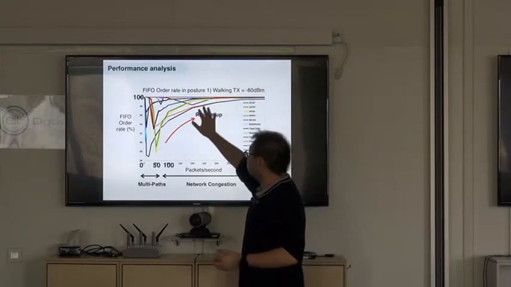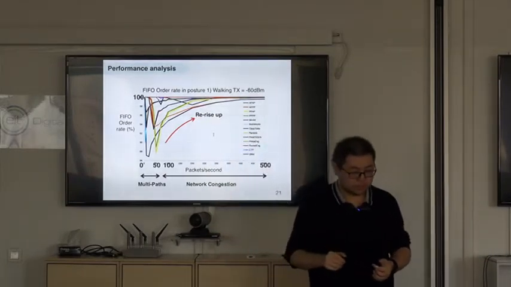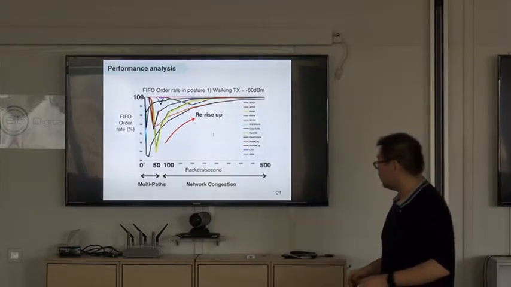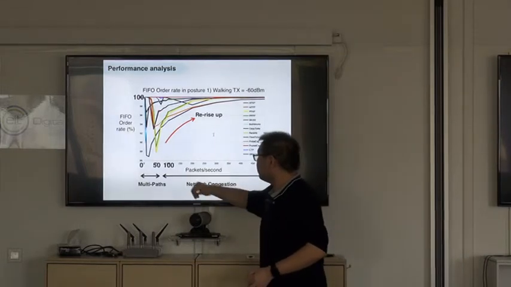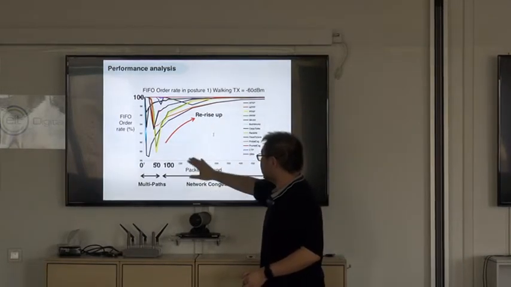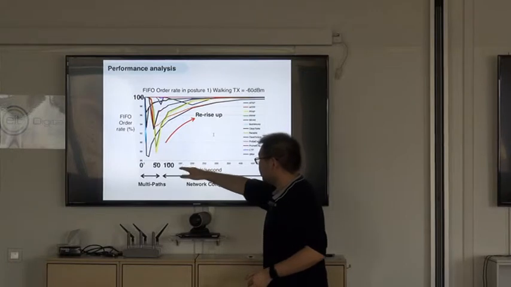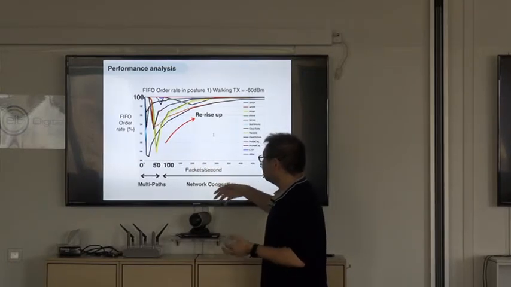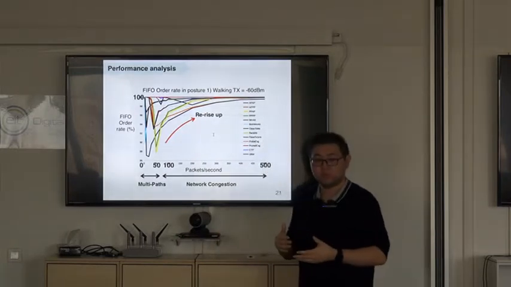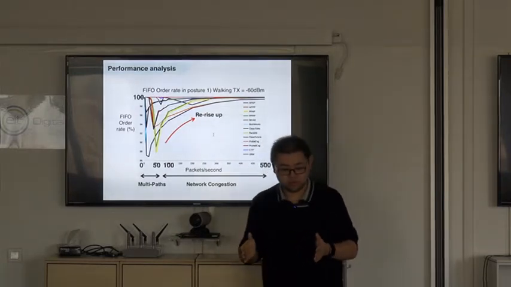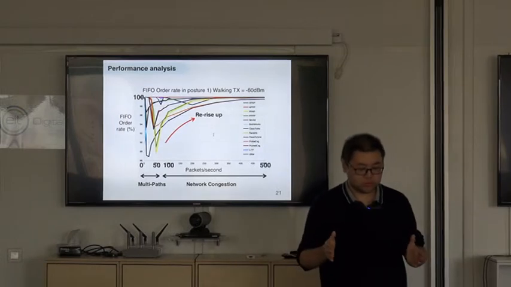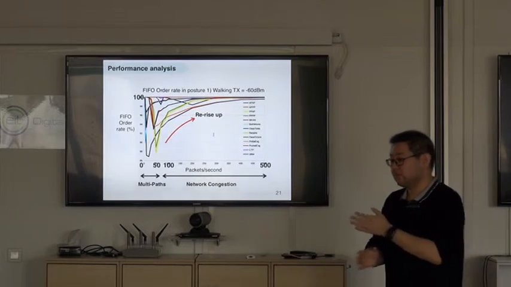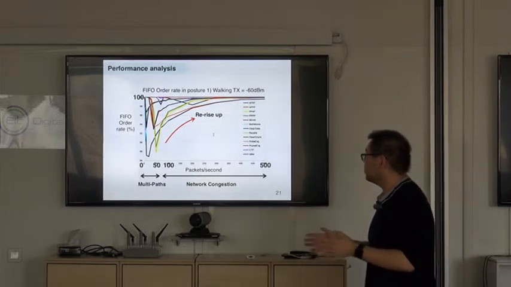And this rate will go up after 100 packets per second, because after this very high speed of sending messages, the reception rate will decrease. So the time interval between receiving two messages will increase, so the probability of wrong-order reception will decrease.